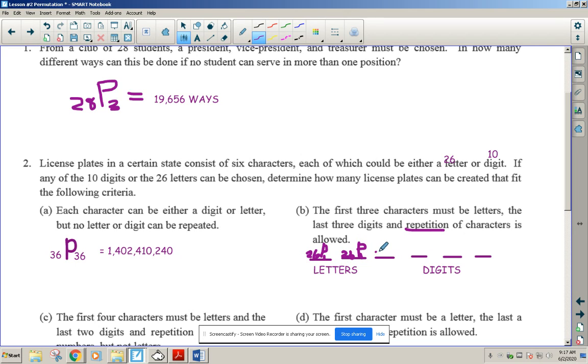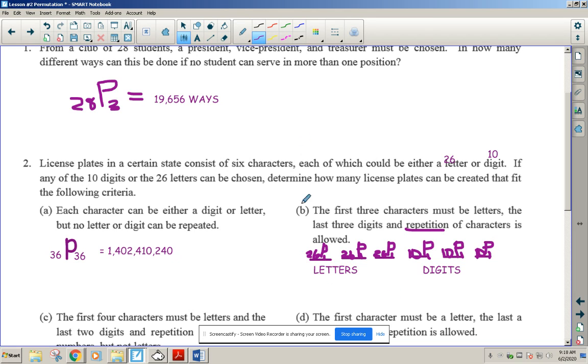And then for the third, there's 26 letters, and I am going to pick one. Then by the fourth space, I have 10 digits where I'm going to pick one. And then I have 10 digits where I will pick one, and then I have 10 digits where I will pick one.